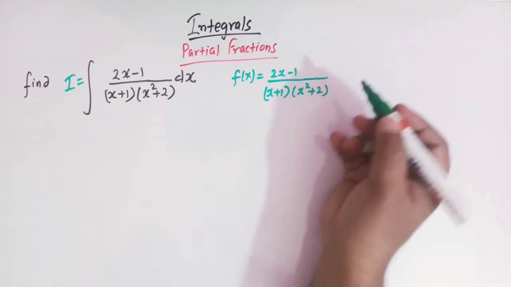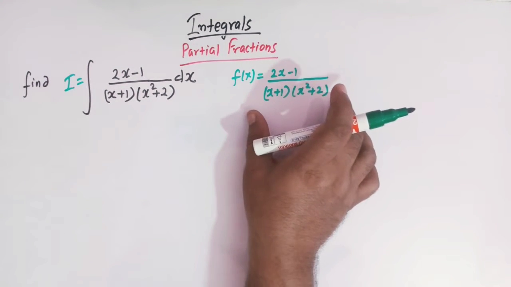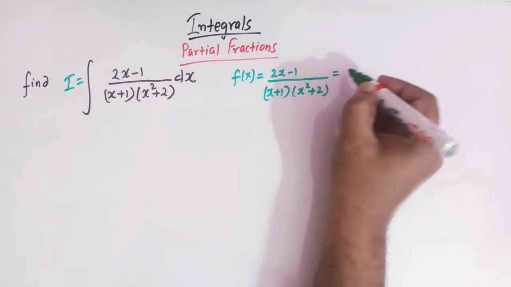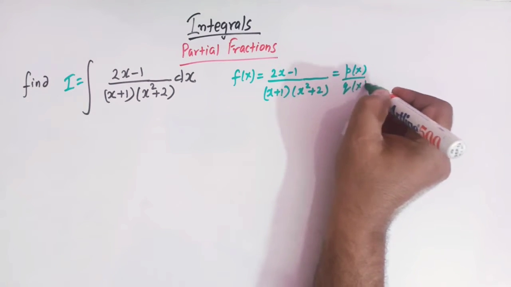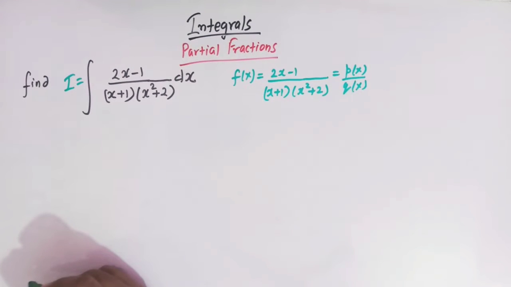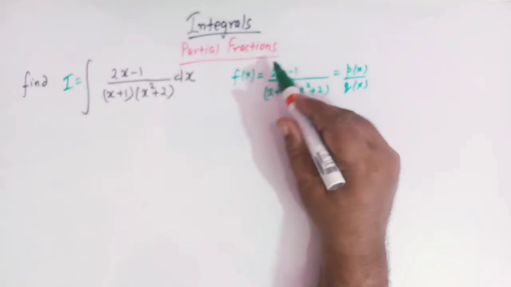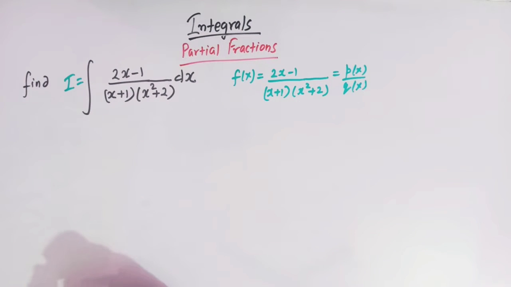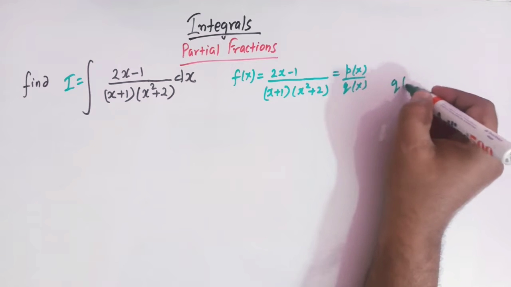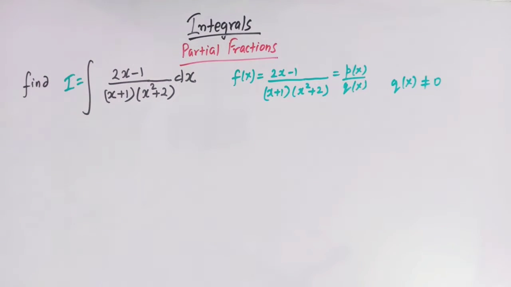Whenever we have an integrand of the form p of x over q of x, where p of x and q of x are polynomials, then such a function is known as a rational function, provided that q of x is obviously not equal to 0.